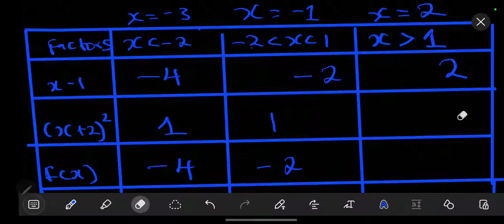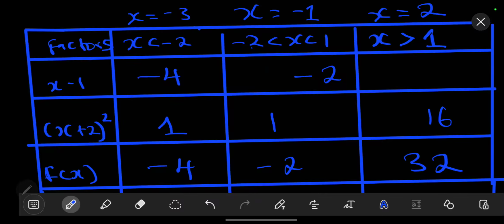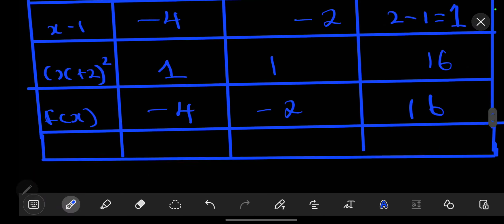So we are going to get +16 here. Then we multiply 2 times this, and we are going to get 32. Sorry for that. So here, 2 minus 1 will give us 1. So here we are supposed to get +16 like that.